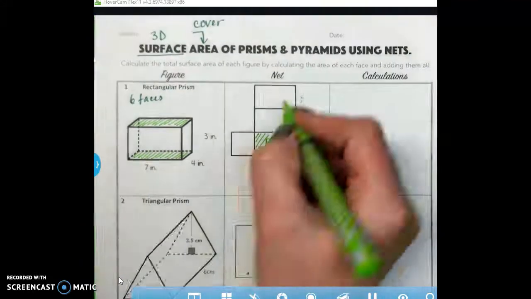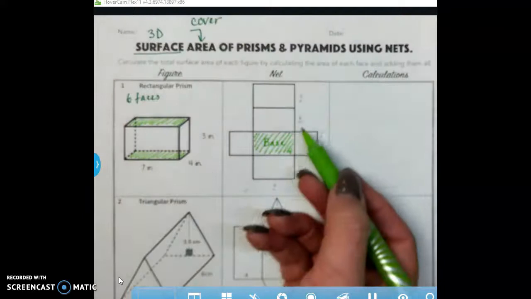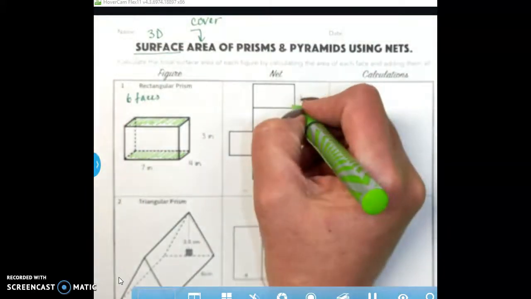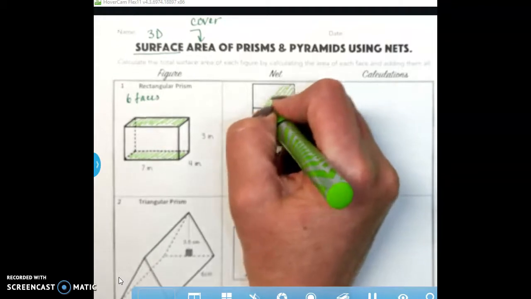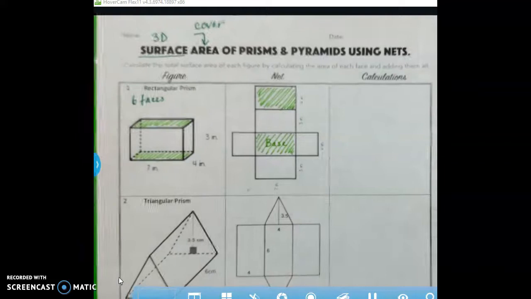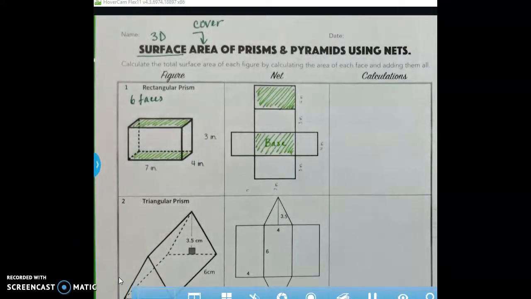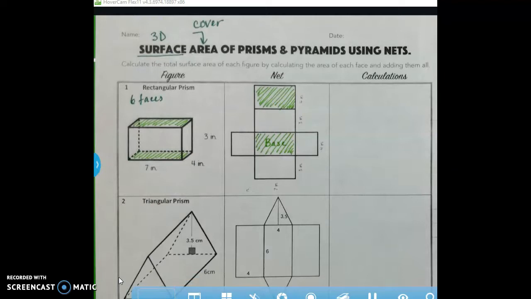And so another one is going to be right here, not right next to it, because you remember that your net is a flat model. When you try to label your dimensions, you're trying to imagine that you are folding the sides to make up your shape. So these are the sides, little flaps on the side, and so on.